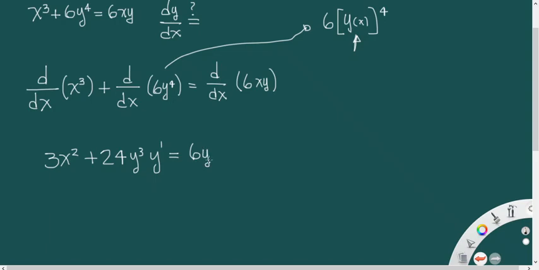So this is 6y plus the first one without differentiating. So this is 6x times the derivative of the second one.